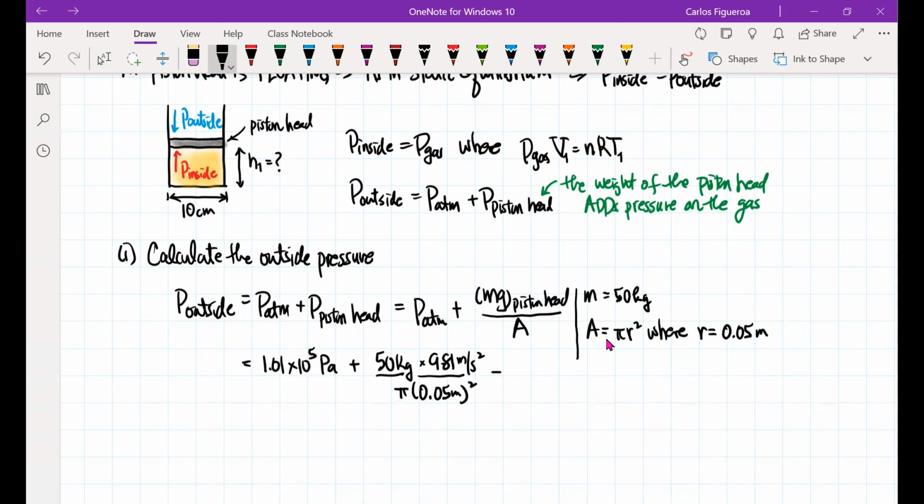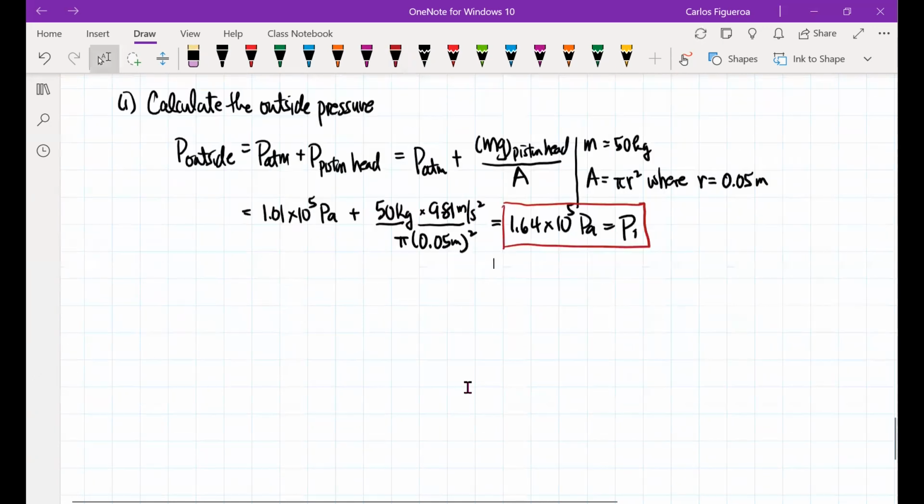If I compute that, I get a value of 1.64 times 10 to the 5 pascals, and that's the pressure of state 1. Okay, so I now have my pressure. Now that I have my pressure, I'm going to use the ideal gas law to calculate the height.